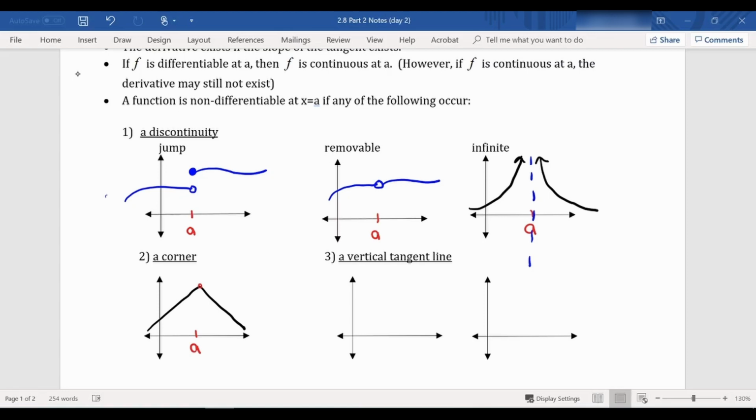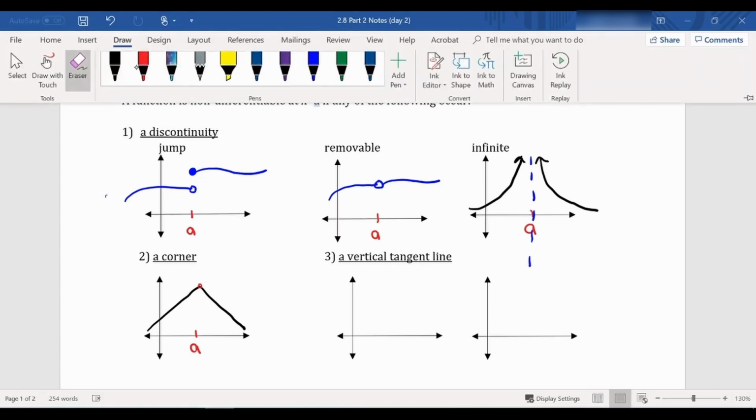The last one has two different ways that it will look, and it's a vertical tangent line. If you have a vertical tangent line that you can actually draw, unlike the infinite one where we can't draw a vertical tangent line because we have an asymptote there, these two we can actually draw a vertical tangent line. But that would mean that we cannot find a slope, which means we cannot find a derivative.